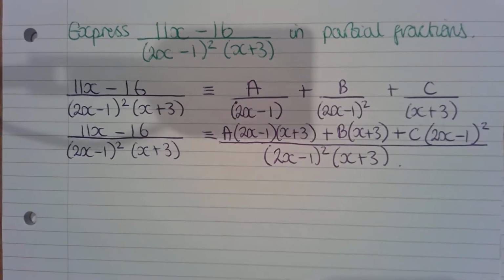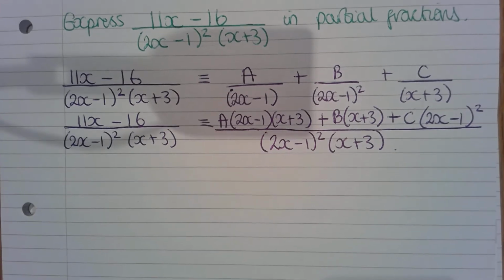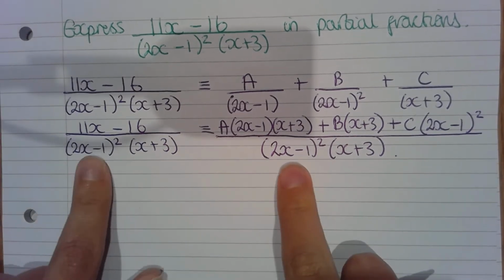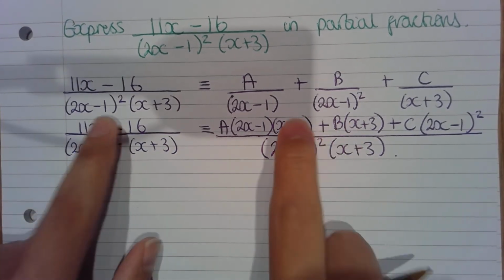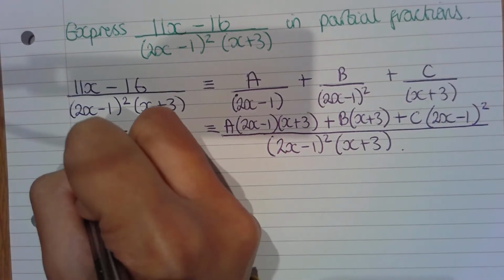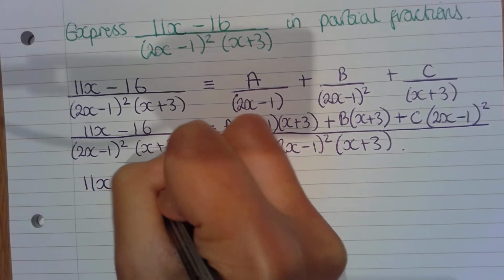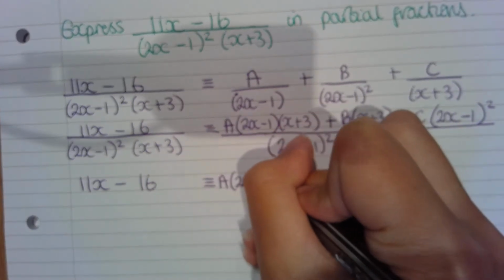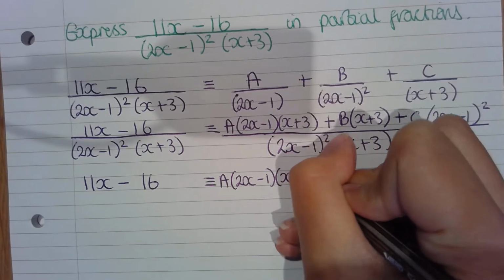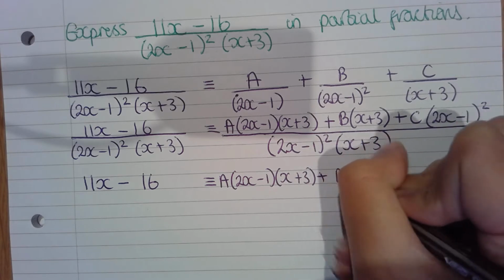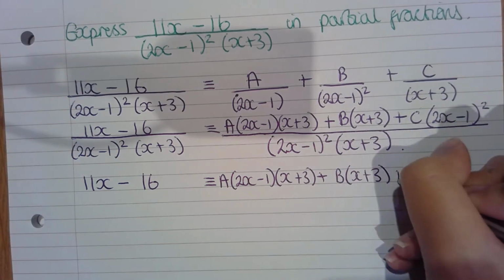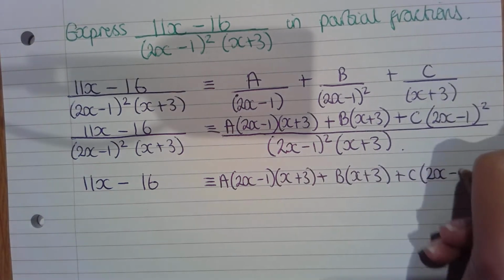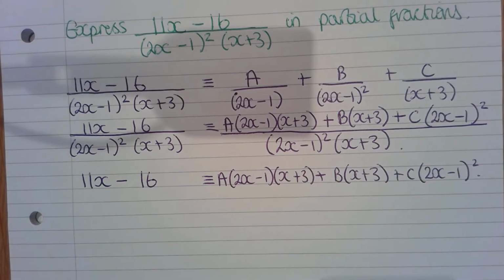So the same second step as the last couple of videos. We've now got the same denominators on both sides, so we're going to just equate the numerators. So you've got 11x take away 16 identity a brackets 2x take 1 brackets x plus 3 plus b brackets x plus 3 plus c brackets 2x take 1 all squared.